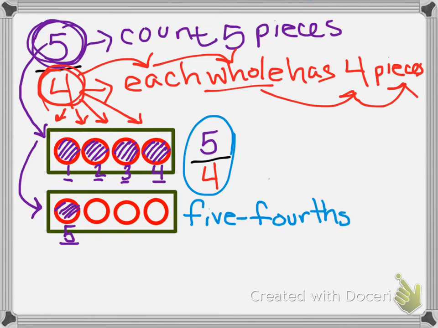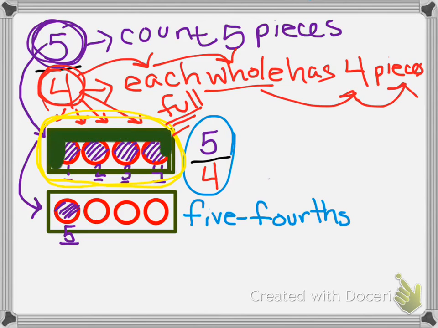But I have a special situation here. I have 1 box of candy that's completely filled up with the purple striped candies. It's a full box. I can do something special when I'm counting fractions. I can group up that whole box and put a lid on it like that.